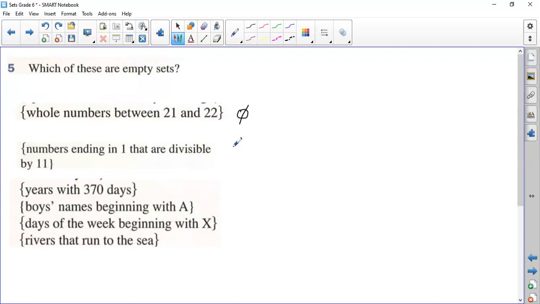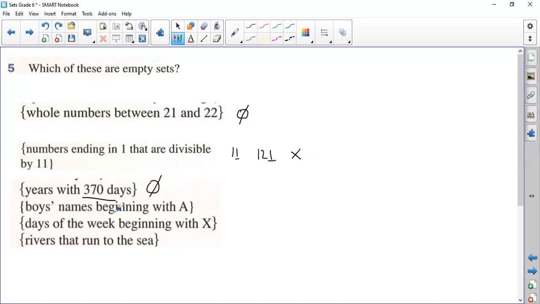Or 121 ends with 1 and is divisible by 11. So this set is not empty, it has elements. Years with 370 days. How many days do we have in a year? 365. So we don't have such a year, so this is an empty set.